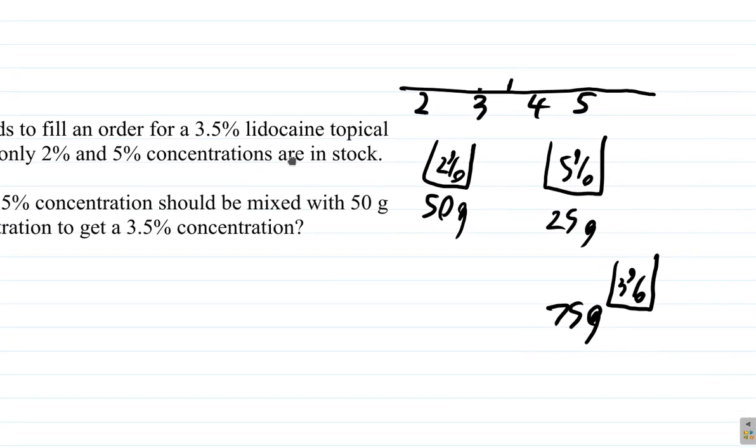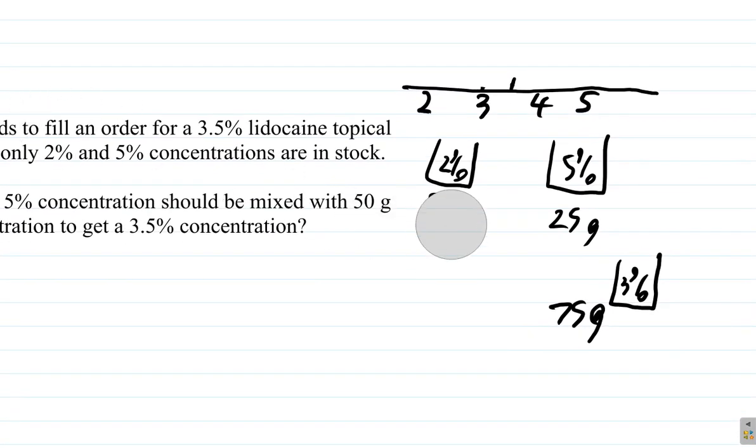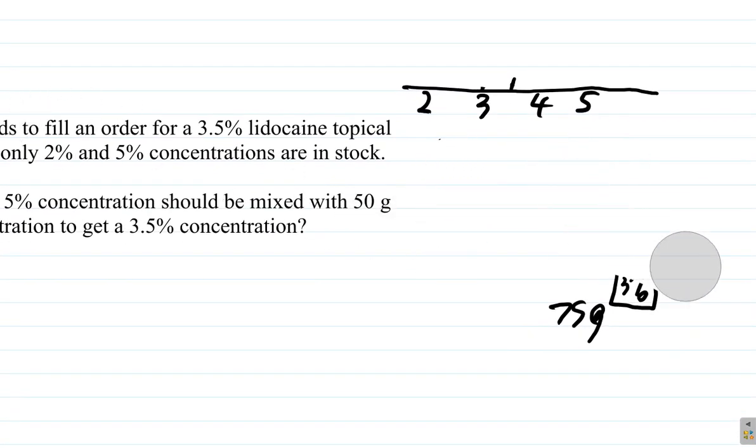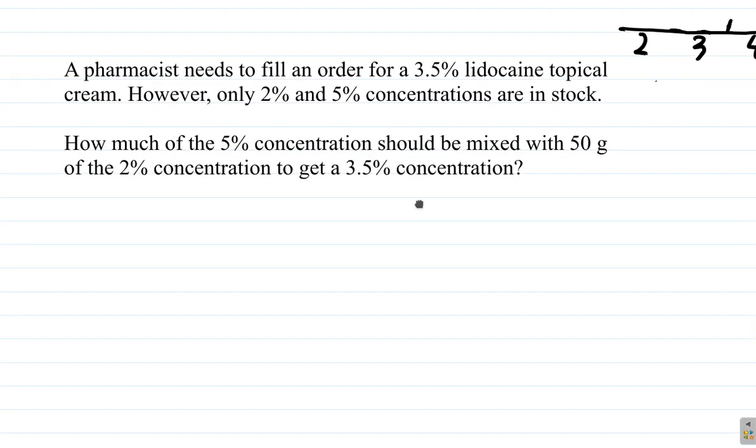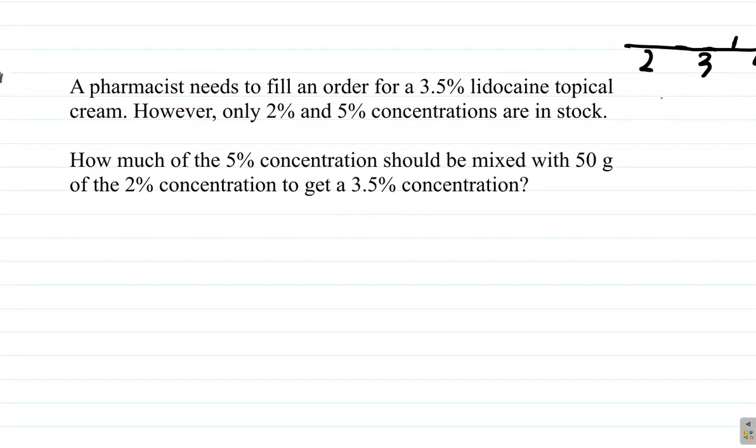Now, remember, we're going to modify these. So let me let the scale remain there, but still want that percentage up there. Modification here. All right. Now, what do you want? We want 3.5% concentration.